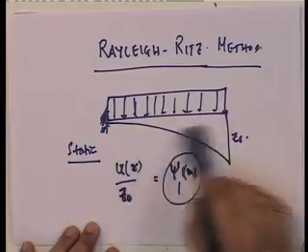If you use this particular xi x, it is almost clear that it will satisfy not only the geometric boundary conditions, it will also establish the equilibrium boundary conditions for this UDL case.